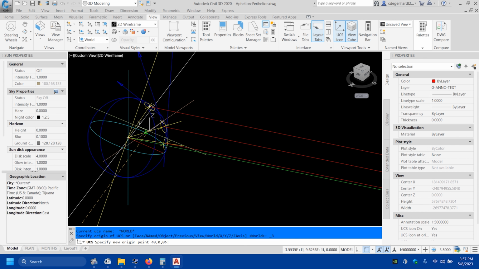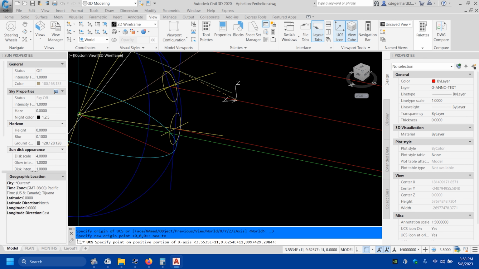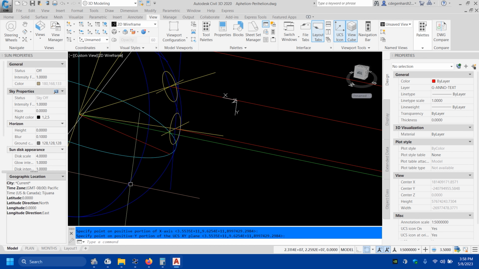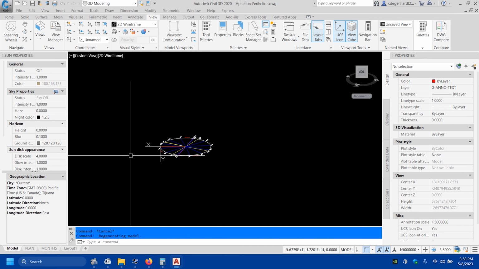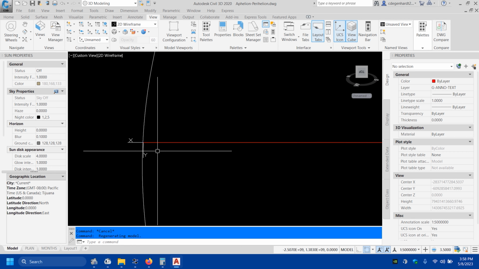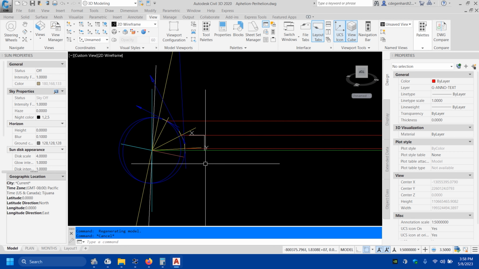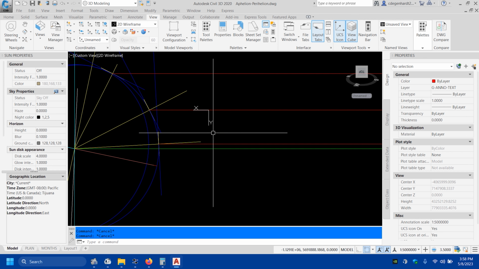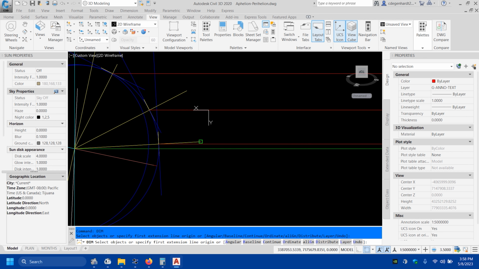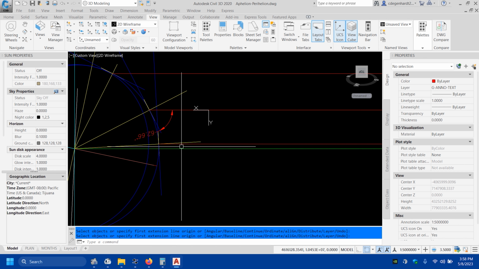So I'll take like my position in the A from here. There. And back down. So dimension. So it's at 29. It's not going to be 51.